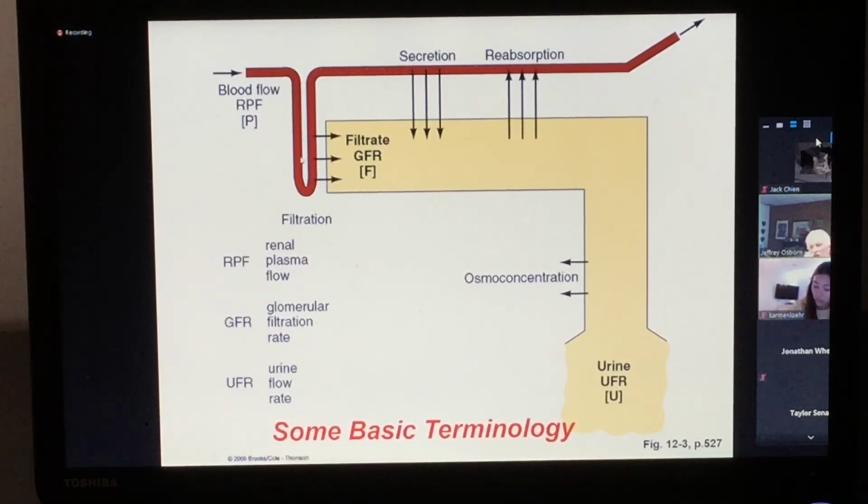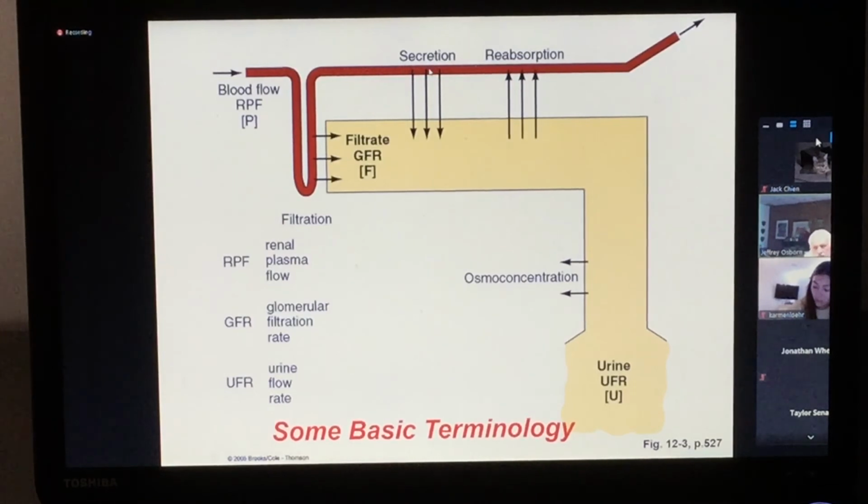If the osmolality of your plasma is normal at 285 milliosmoles per liter, the concentration of the filtrate is 285 milliosmoles per liter. So your glomerular filtrate is just an ultrafiltrate of the plasma. We're going to talk about that more in a little bit, probably on Wednesday. You then have three other functions that I want you to be very familiar with.